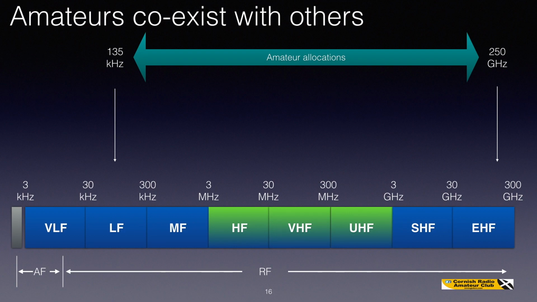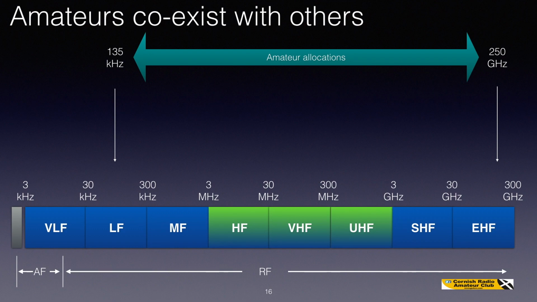The lowest allocations in the UK are 135 kHz, and the highest are around 250 GHz. But there in green, HF, VHF, and UHF are the ones we need to concern ourselves with for the foundation license, or the bands within which we have allocations that we need to concern ourselves.